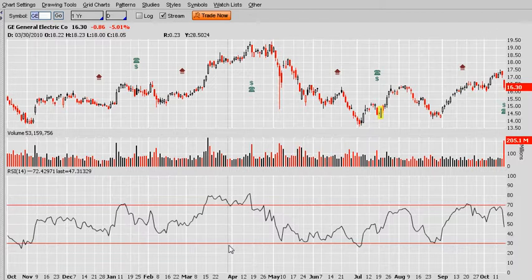But the way that the inventor, Wells Wilder, used it, the first thing was he constructed overbought and oversold lines, as we see by this red line and this red line.